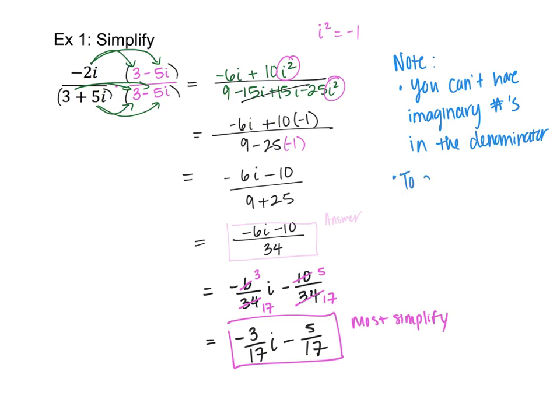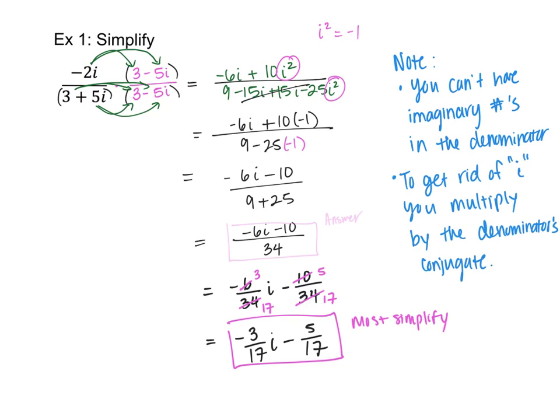So to get rid of i, or imaginary numbers, you multiply by the denominator's conjugate.